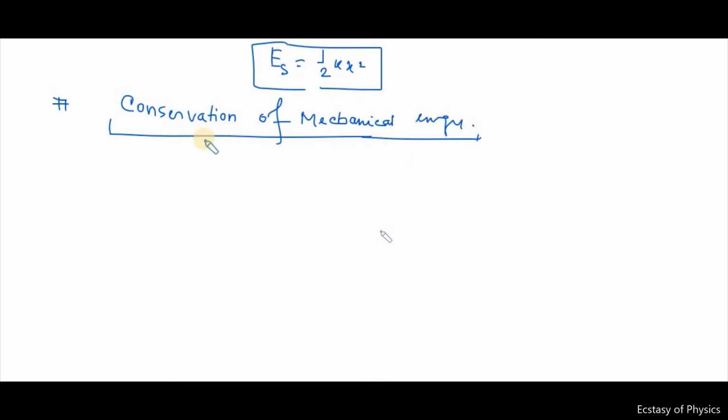Now according to the conservation of mechanical energy, the summation of kinetic and potential energy at any point will remain constant throughout the motion. So that's the conservation of mechanical energy. It doesn't depend upon time and it is independent of position. So the total energy magnitude will always be conserved.